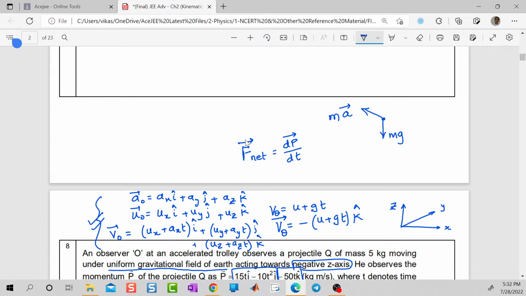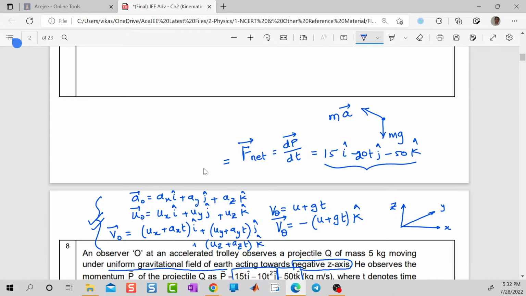Okay, let's keep going with this because it's important that we resolve it, right, Peter? So dp by dt, you have 15 i cap minus 20 t j cap minus 50 k cap. This is the net force. Yes, Peter? Sir, here we can see that mg is the only force acting in the z direction, since mg is equal to minus 50 newtons. And why did you conclude that?